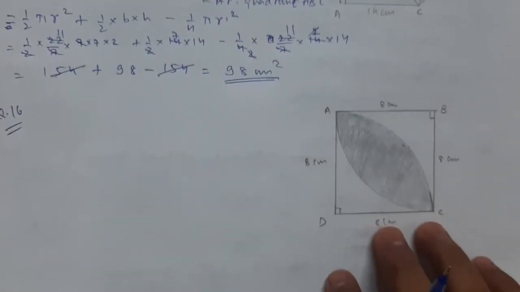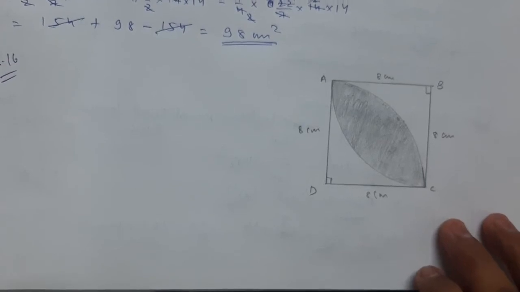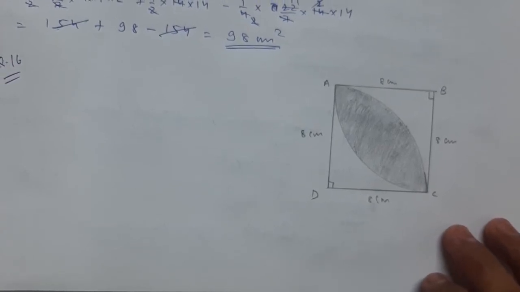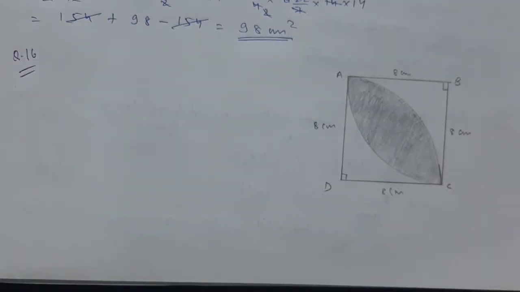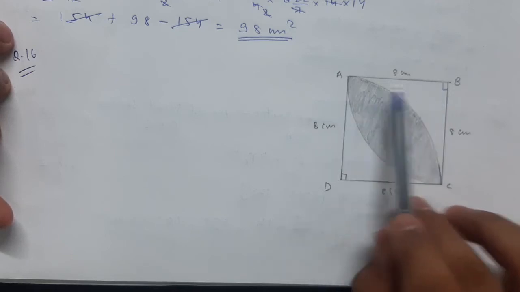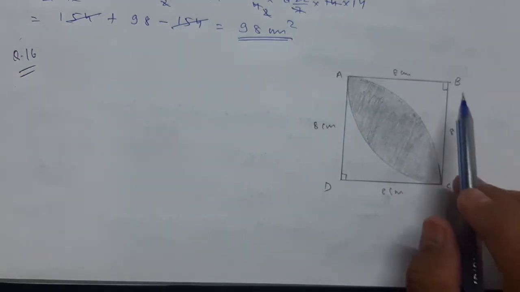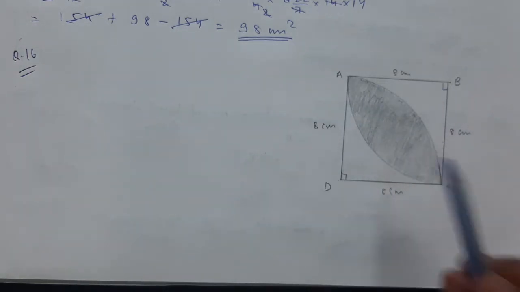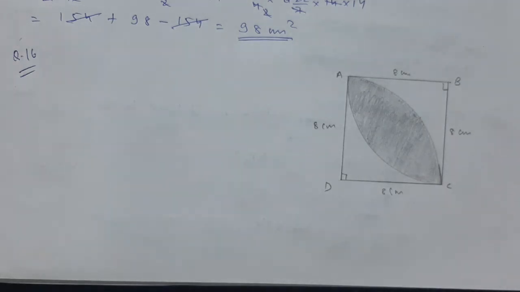Students, the last question of this exercise, question number 16, and then we shall conclude this chapter. In this question we are given 8 centimeter as the side of a square, 90 degrees is given. You have to find the area of this leaf-like structure.